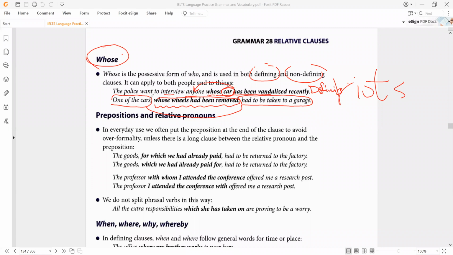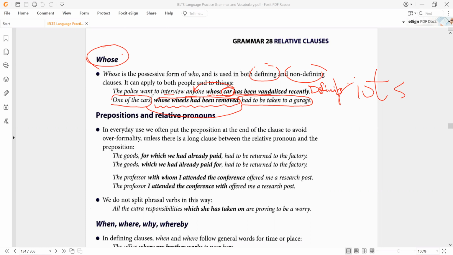Which one do you think is easier? The goods for which we had already paid had to be returned to the factory, or the goods which we had already paid for had to be returned to the factory?